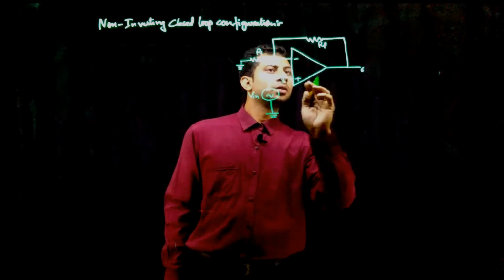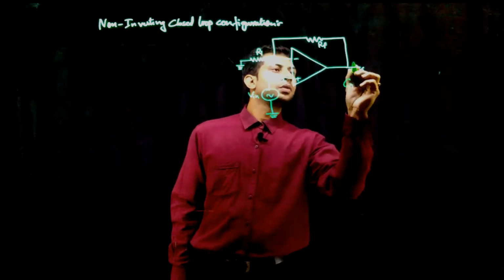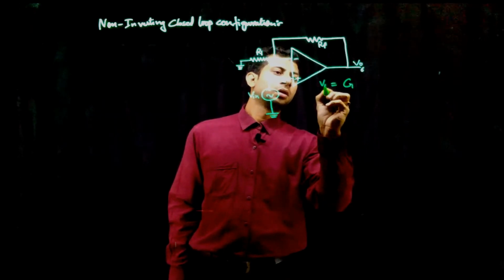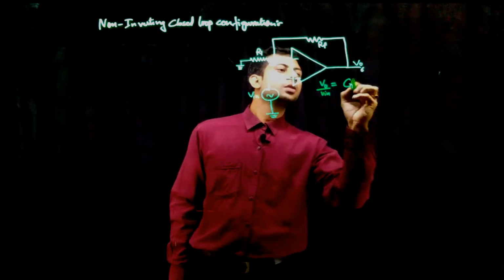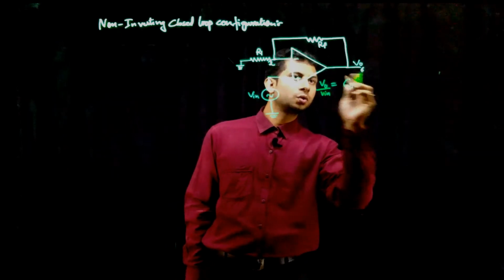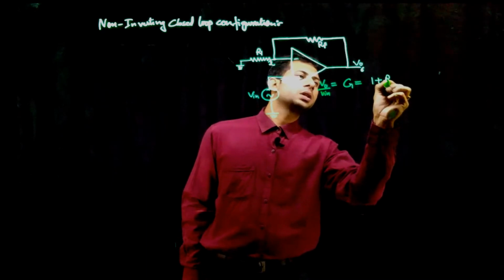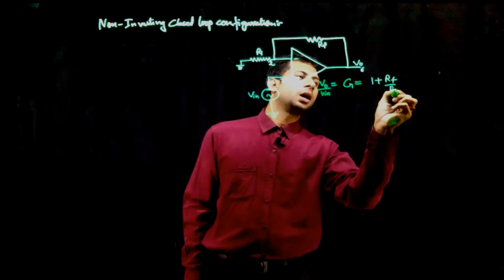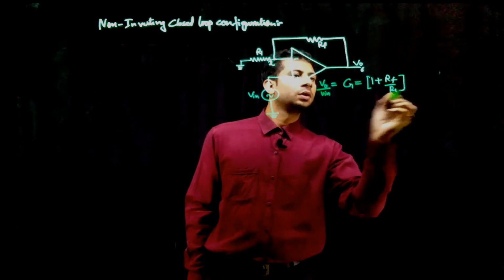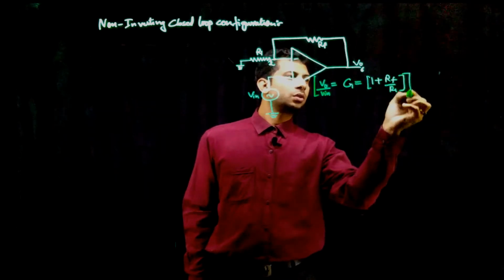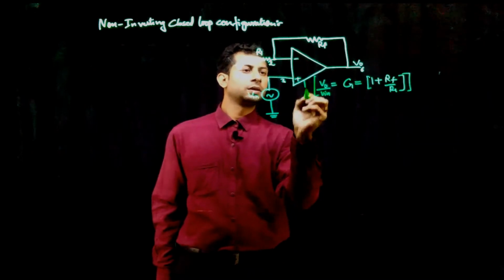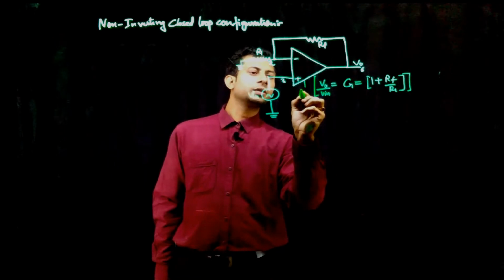And the gain of this circuit, which is V0 upon Vin, known as closed loop gain for non-inverting, will be 1 plus RF upon R1. And we have to prove this also in this lecture.